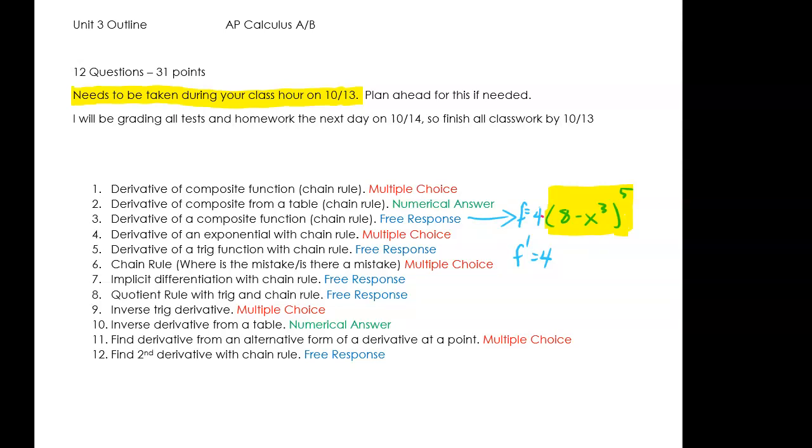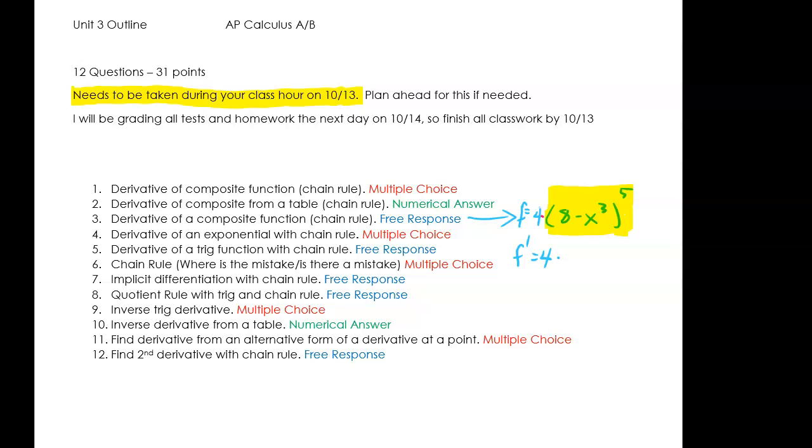Now, if you like to do it where you identify f of x and g of x, the inner function is 8 minus x cubed. The outer function is x to the 5th. I know everybody does it slightly different. So your idea was okay there, John. I mean, that's no problem.